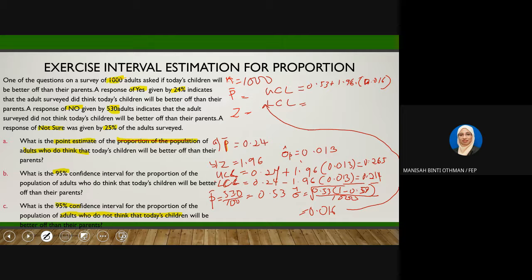Okay. So the lower control limit is 0.53 minus 1.96 times 0.016.